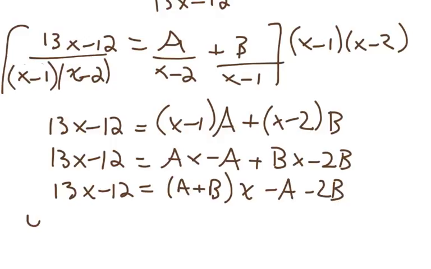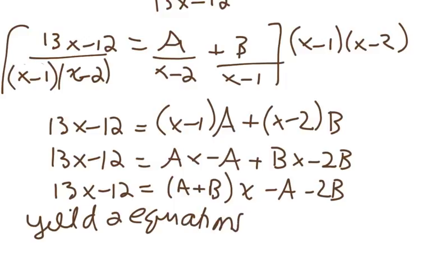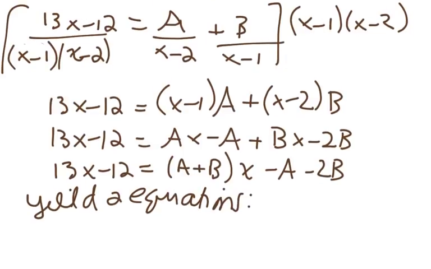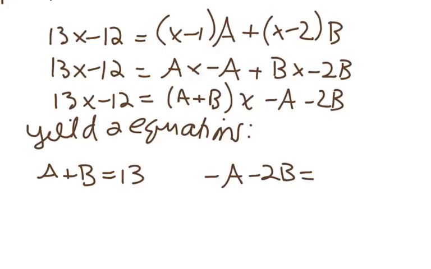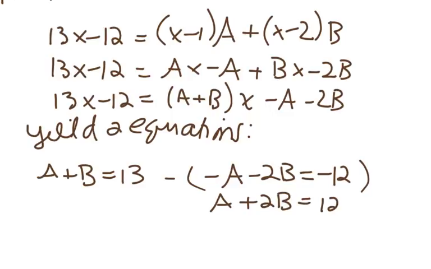That's going to yield two equations. A plus B is equal to 13, and minus A minus 2B equals minus 12. Okay, so I'm going to multiply this whole thing through by negative 1. And you're left with A plus 2B equals 12.